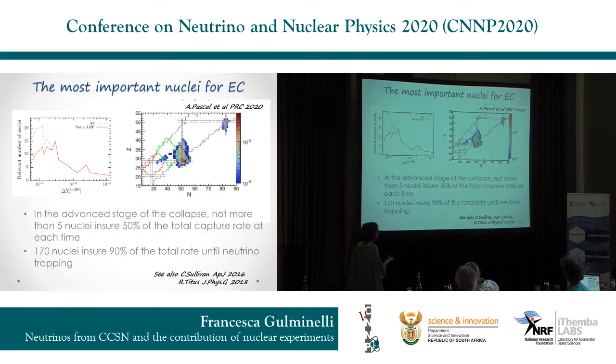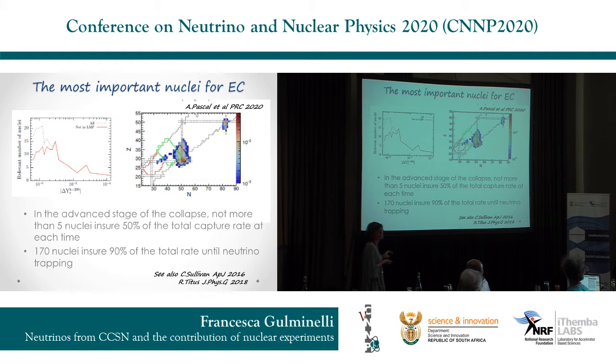And what is the important region? This is something that we know quite precisely, because there have been different sensitivity studies. In this case, this is from our paper, you can see that in the latest phase of the collapse, which is where the deleptonization rate is the biggest, over here at the last moments, the number of nuclei which ensure most of the total capture rate is very limited.